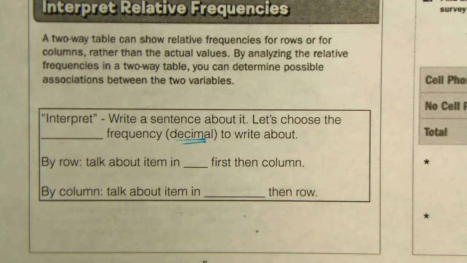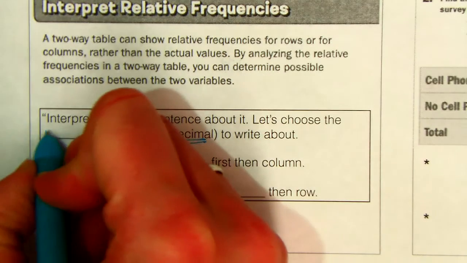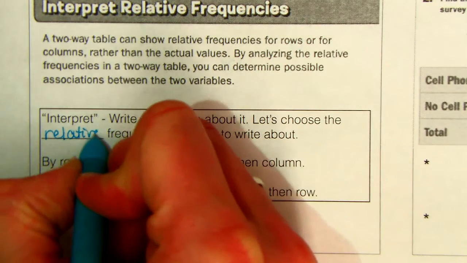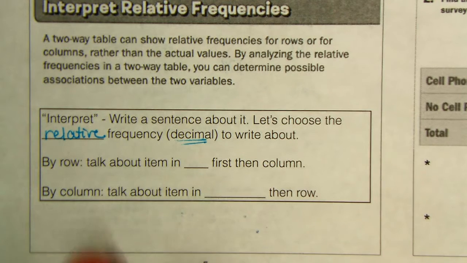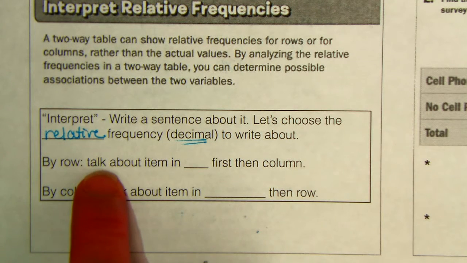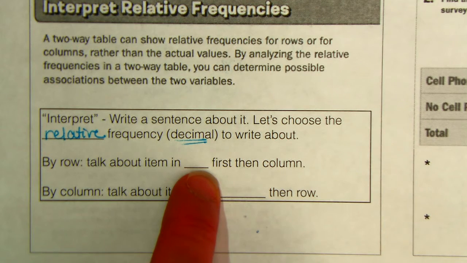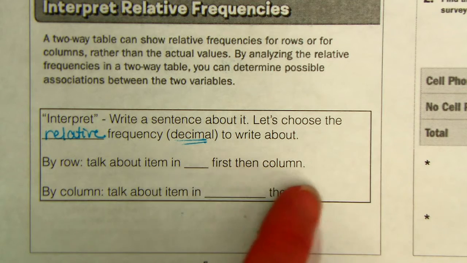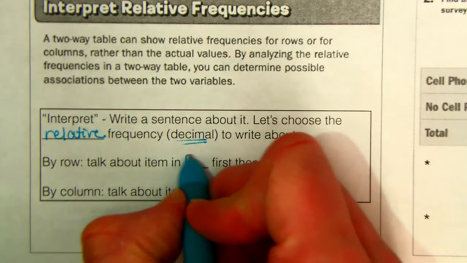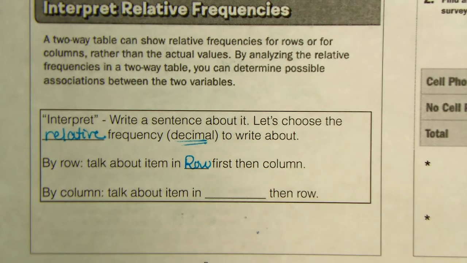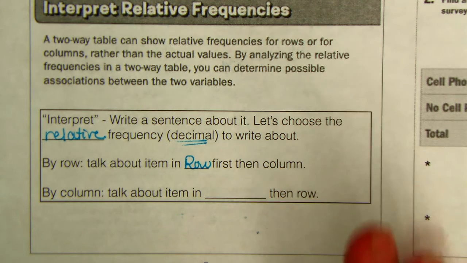All right, so first, by row, talk about the item in the row first and then the column. If we're talking about rows, you want to mention the fact that you're in the row first. And then specifically, what about that row by column? If you're talking about the column, then talk about the column first.